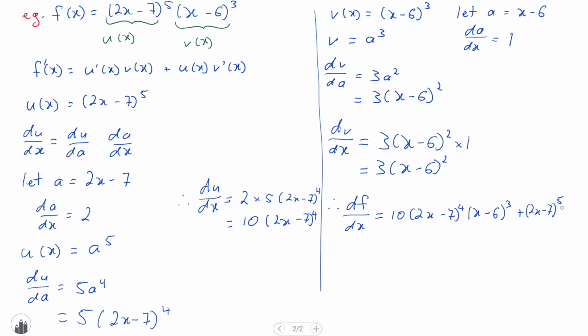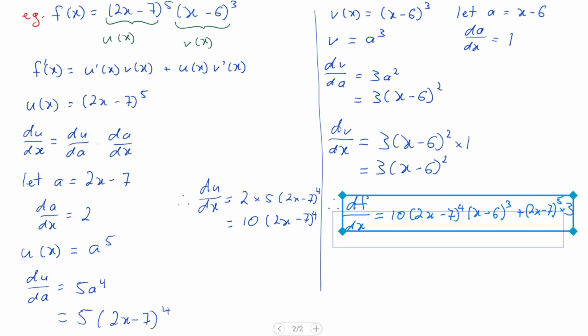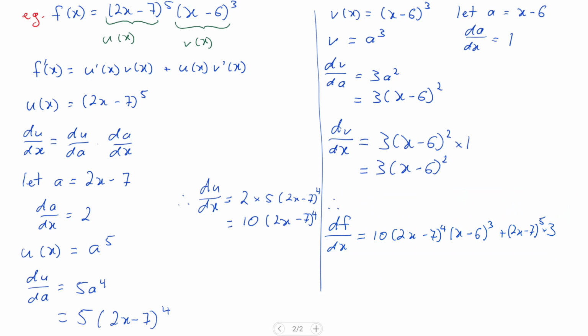So that's times 3 times x minus 6 to the power 2.